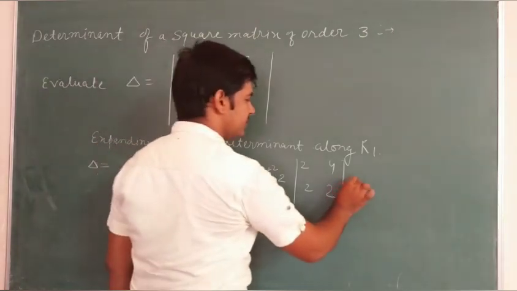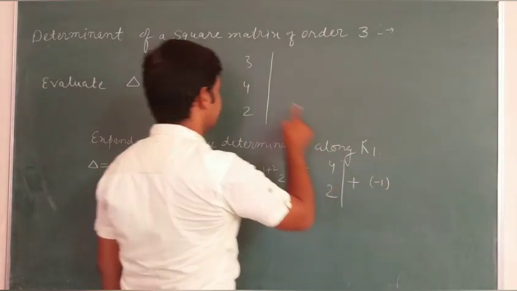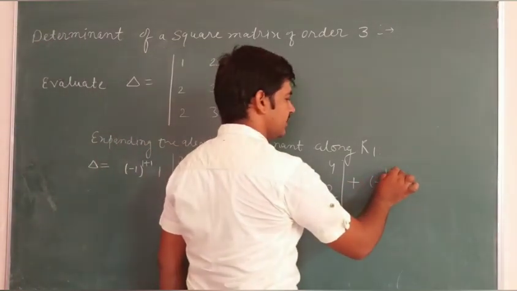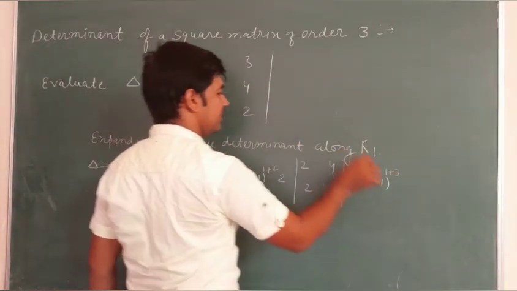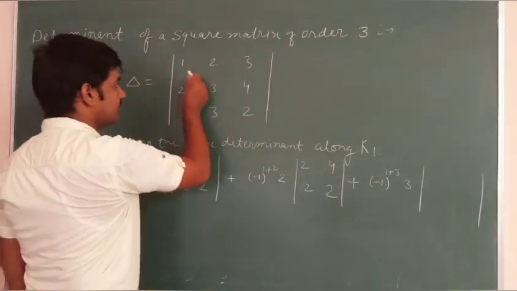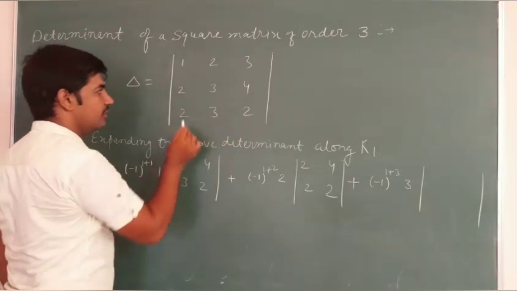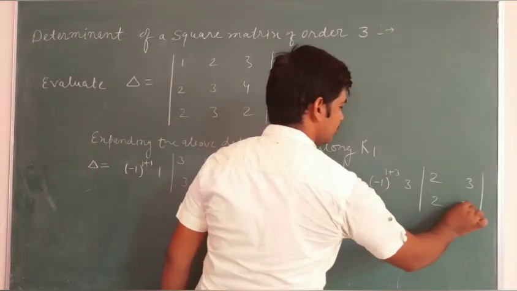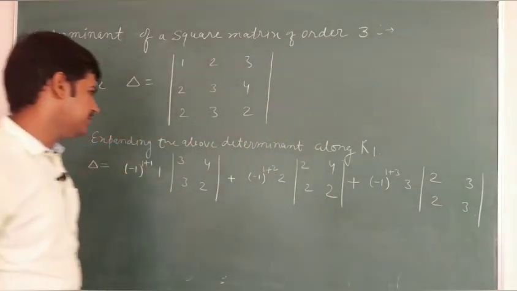And then plus minus 1 raised to the power 1 plus 3, for the next element of R1, which is 3, times the determinant leaving the first row and the third column: 2 3, 2 3.